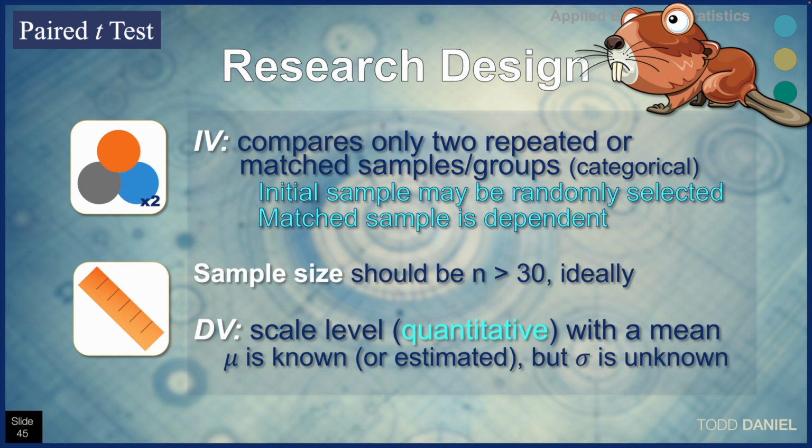The second score is dependent upon the first score. They will be correlated. Sample size should be greater than 30, but because we're using pairs, it would be 30 for one group, essentially. So 30 individuals or 30 pairs of twins. The dependent variable is going to be at the scale level. It's quantitative. It has a mean, which is known, but the standard deviation of the population is unknown, and that's why we're going to be using a t-test.